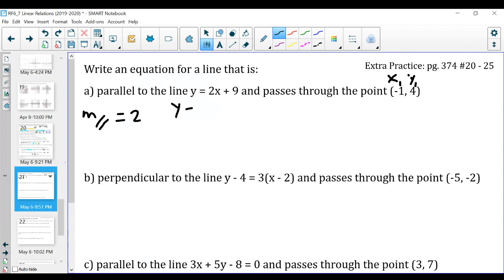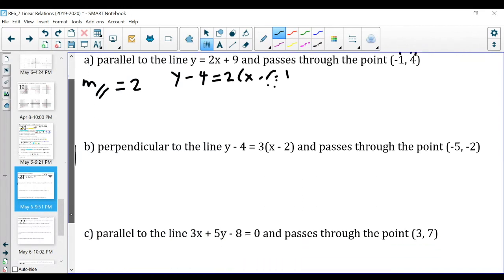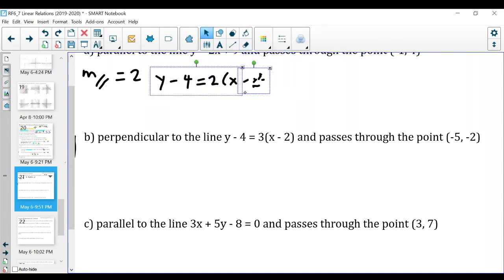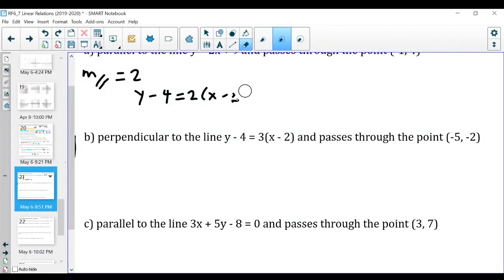y minus 4 is equal to 2 times x minus a negative 1. So x minus that negative 1.